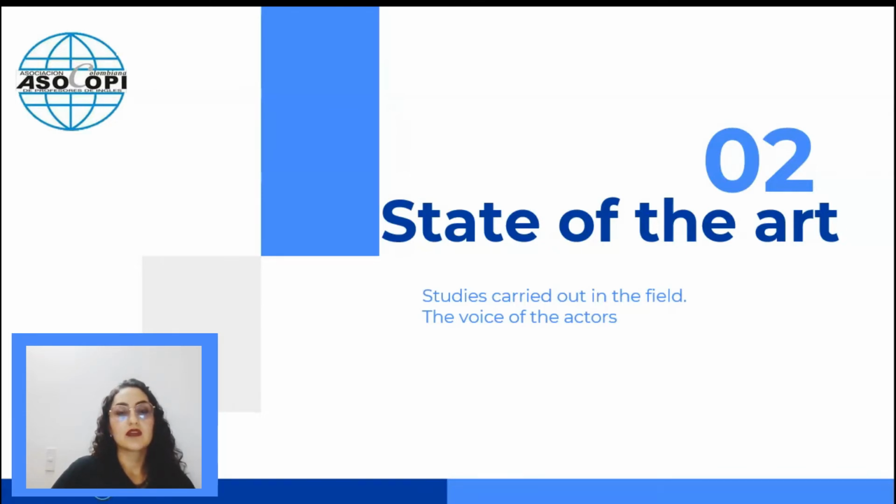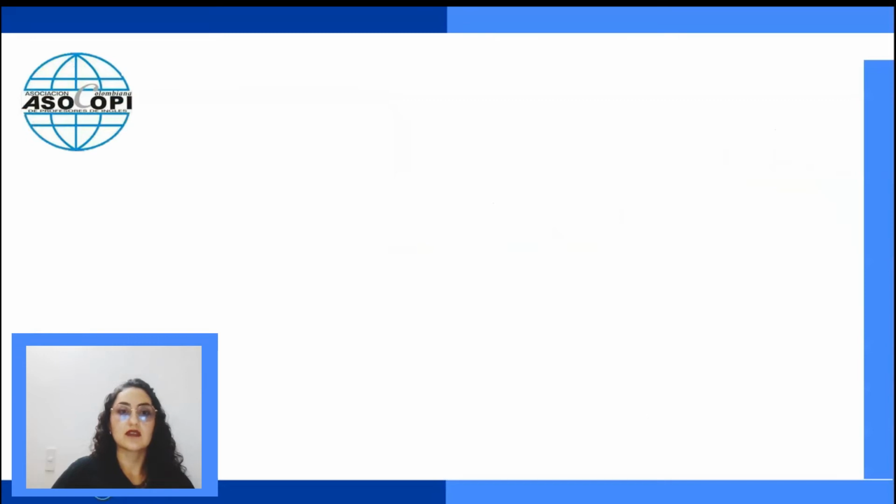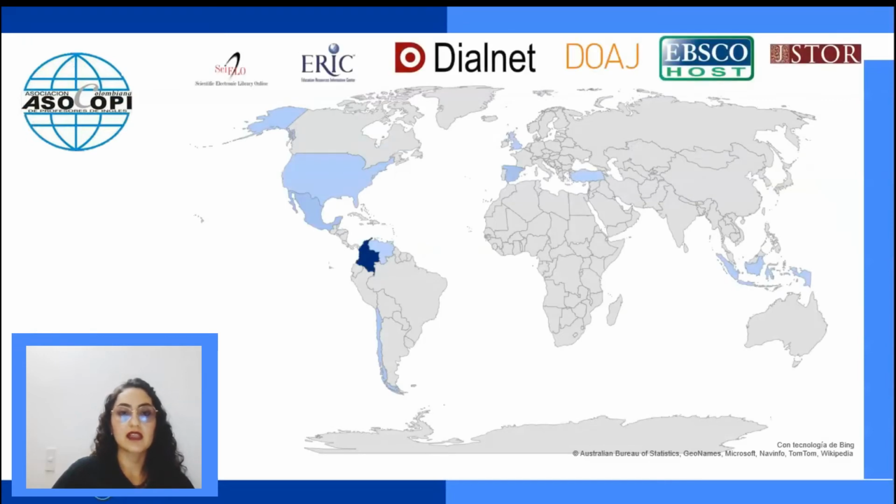For the bibliometric study, I used databases such as SciELO, ERIC, Dialnet, DOAJ, EBSCO, JSTOR, Academia, among others. Each one of the documents was classified in a matrix that identified the type of document, place of publication, year of publication, source, relevance, citation, age index, methodology used, and theoretical foundation.